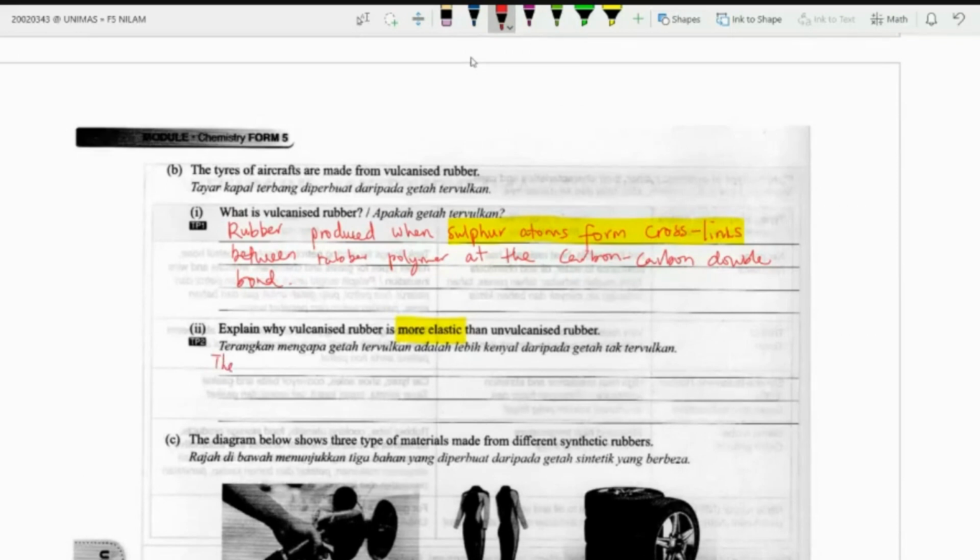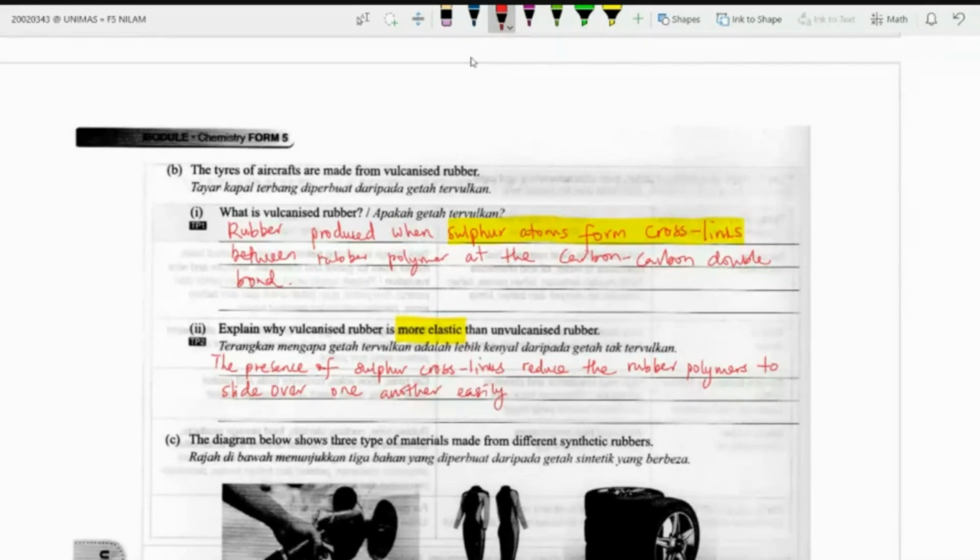The presence of sulfur cross links reduce the rubber polymers' ability to slide over one another easily.